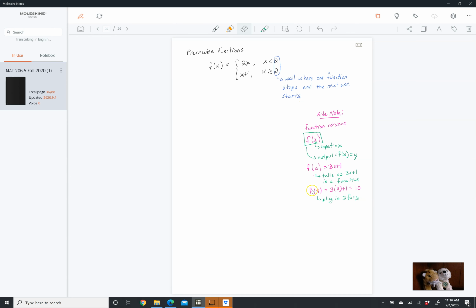That's how you would read it. So if we wrote f of 5 that would tell you plug in 5. And 3 times 5 plus 1 is 16. So this number in the middle is saying what your x is equal to.